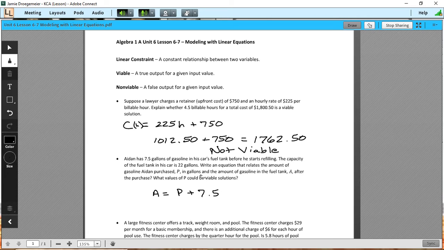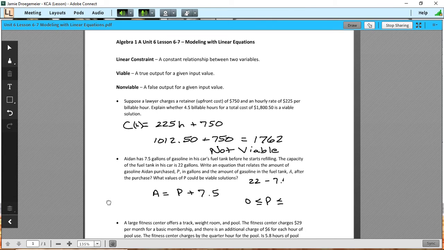Well, we have a maximum that we can have. The most he can have is 22 gallons. If he already has 7.5 when he starts, then that means that 14.5 is the most that he could put in there. So when we think about our domain, P could be anywhere between 0 and 14.5 gallons.